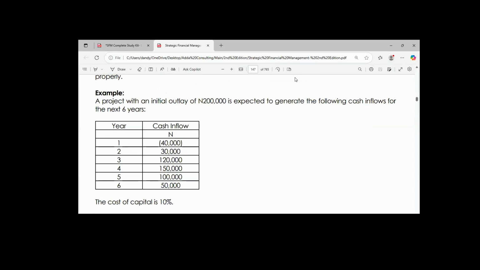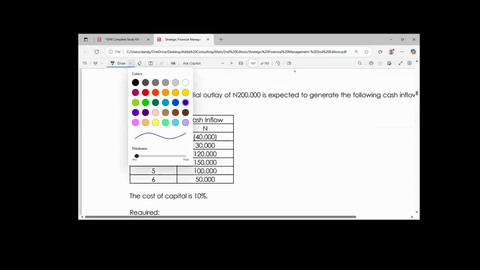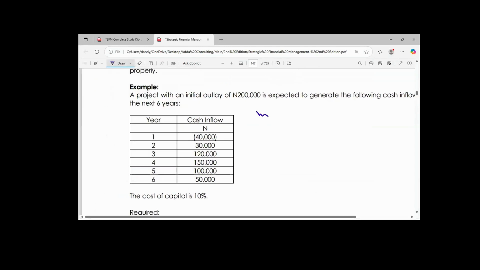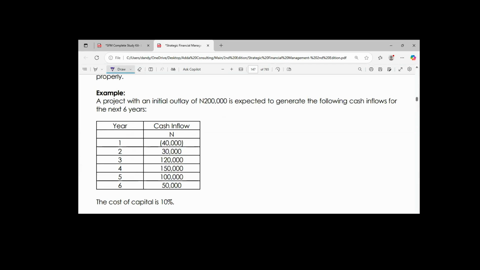Yes, let's use this short example to demonstrate project duration. A project with an initial outlay of 200,000 naira is expected to generate the following cash inflows for the next 6 years.